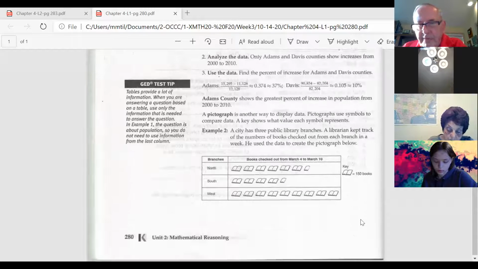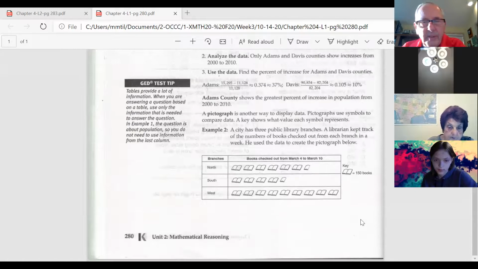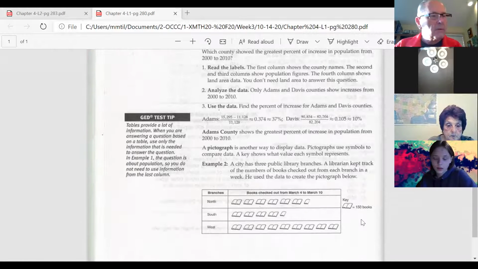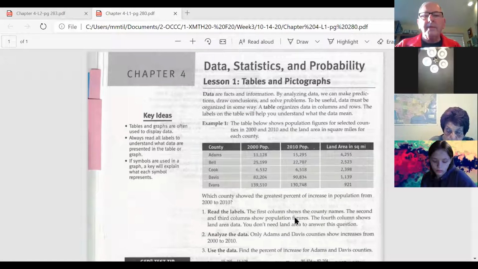Seems like I've done this before. That's why I'm questioning myself here. It's pretty bad. Line plots and measures of center. This is the wrong one, people. I've done this.